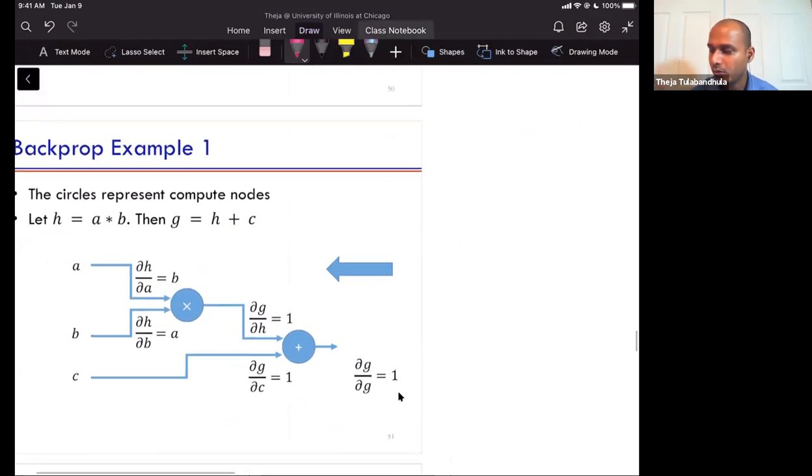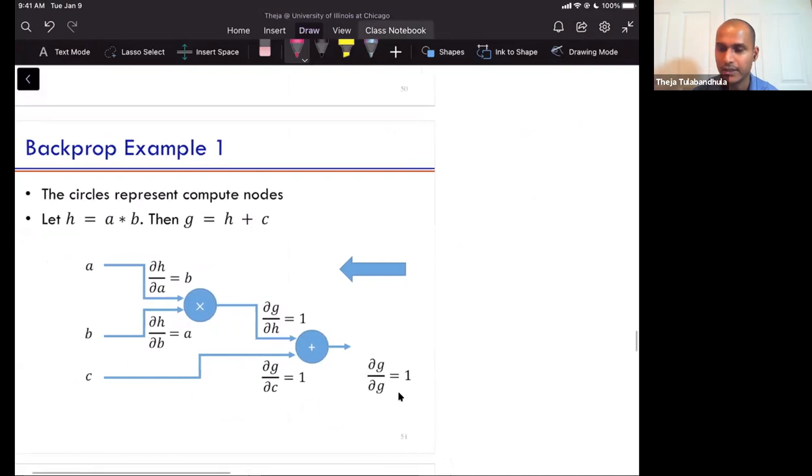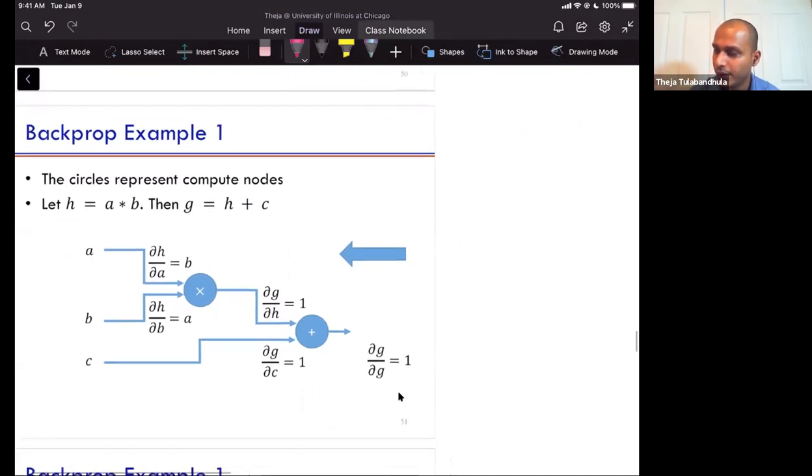So what we do is a trick, a rule which is as follows. For any node, let's focus on this node. Each of these nodes, as I said, is a small unit of computation. It takes some inputs and produces some outputs.